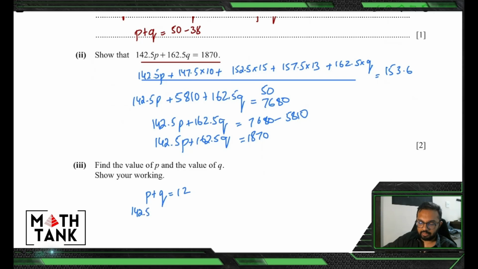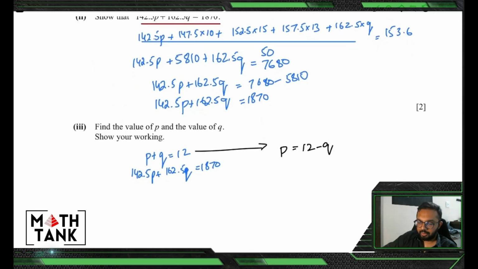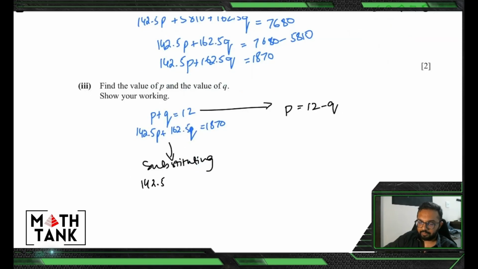So I think the easiest way to do this is not to eliminate. It's a complicated elimination if you look at it. So I'm just going to use a substitution. I'm going to use this equation to construct a substitution that says 12 minus q, and I am then substituting here. 142.5 into 12 minus q plus 162.5q equals 1870. 142.5 into 12 is 1710.